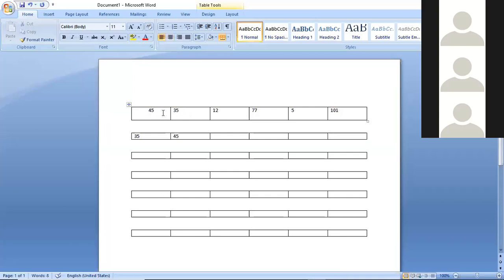Which one is bigger? 45, sir. So we performed swapping here. So 35 in the first position, and now 45 became the second position. Now we compare 45 with the third element. We compared first and second. So this is the result.